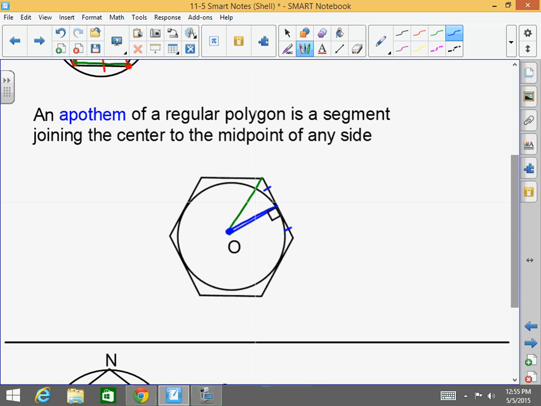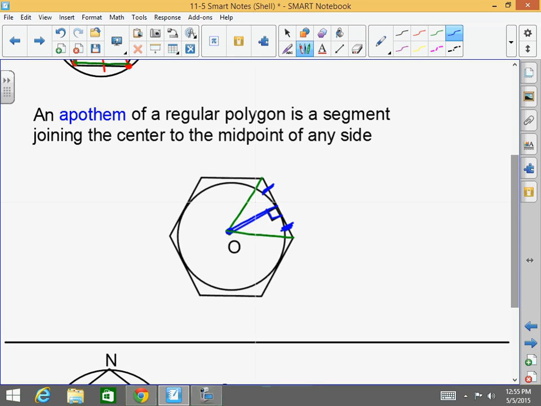And there's a lot of things that are going on with this apothem. This apothem here, first of all, is perpendicular to the side of the polygon that it intersects with. Next, as you can see, it bisects the side of the polygon that it intersects.